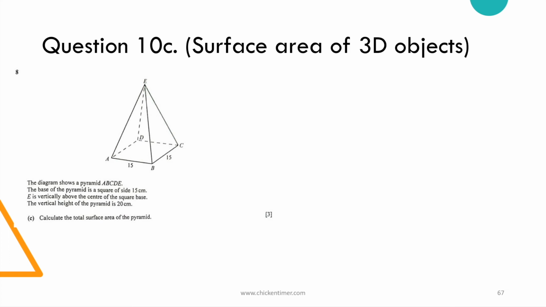Okay, this part C, we need to find the surface area of the pyramid. So what I suggest is we draw a net. That means we open up the pyramid, and then it becomes something like this.